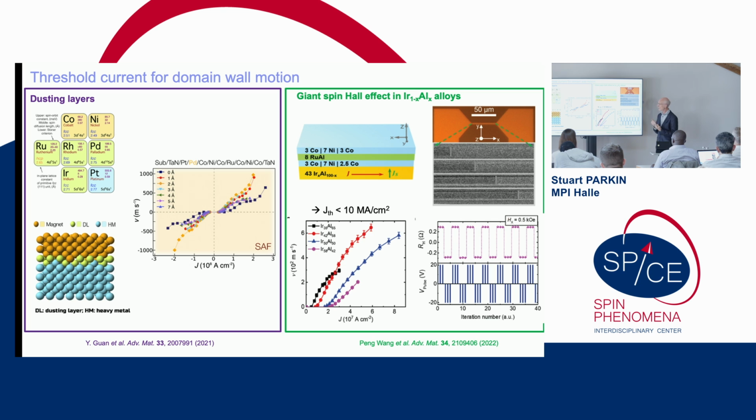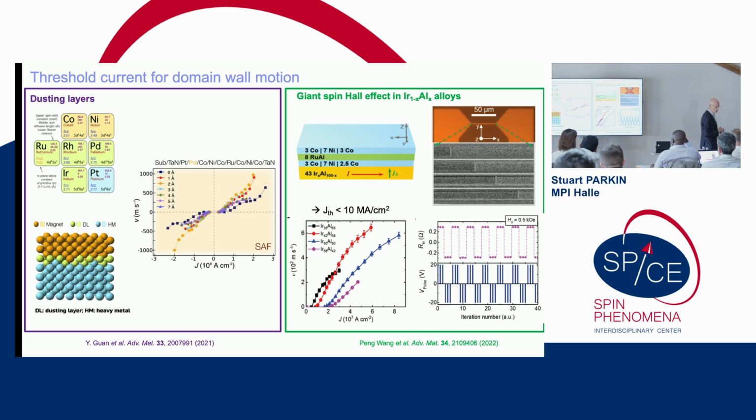And all of these materials can be made at room temperature by sputtering, and they automatically form this fantastic atomically layered structure, one atomic layer of aluminum, one of iridium. And by optimizing the composition, we could optimize the spin-dependent scattering, and therefore generate huge spin-Hall angles, in fact, 10 times larger than platinum. This accounts for the reduction in this critical field. So this, I think, is very important.